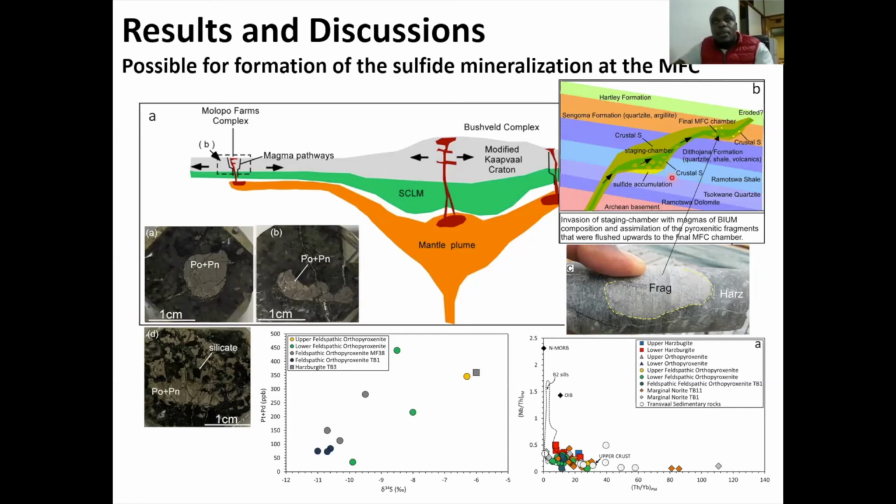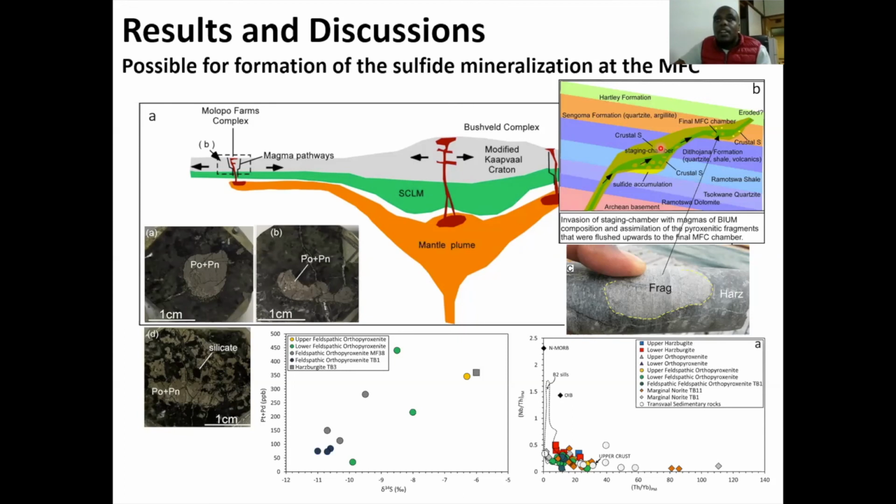And we think that the crustal sulfur is likely from the Ramotswa shales in the Transvaal Supergroup in the southwestern part of Botswana. Then sulfide saturation and sulfide segregation might have occurred before the magmas were placed into the final chamber. And the same magma of B1 composition then flushed some of the sulfide globules perhaps to the current chamber.